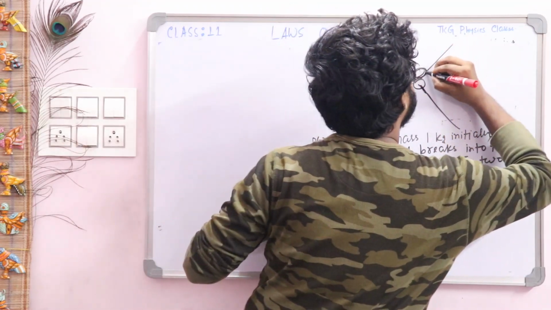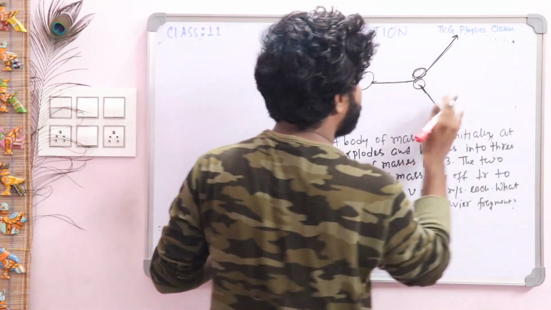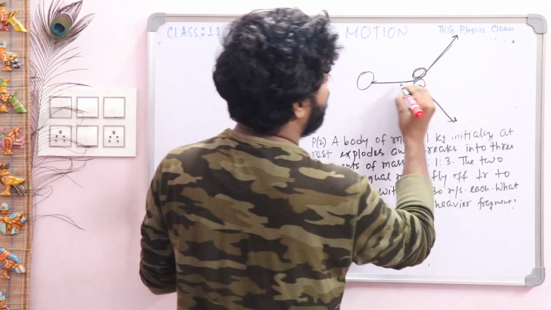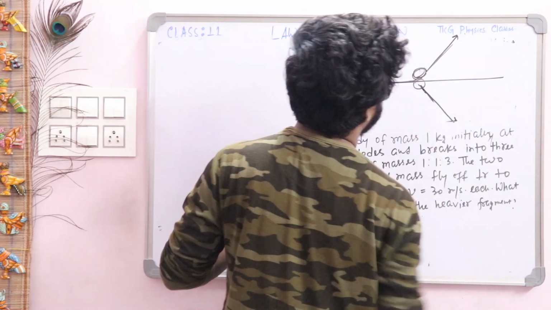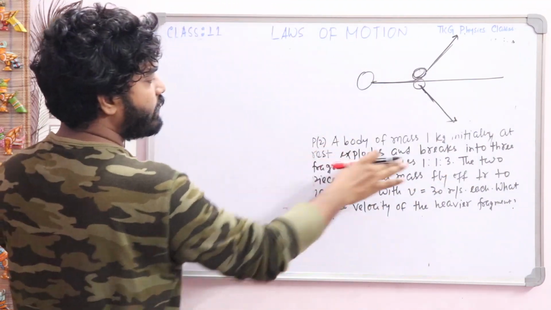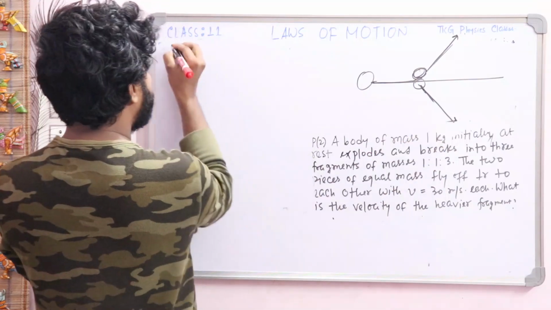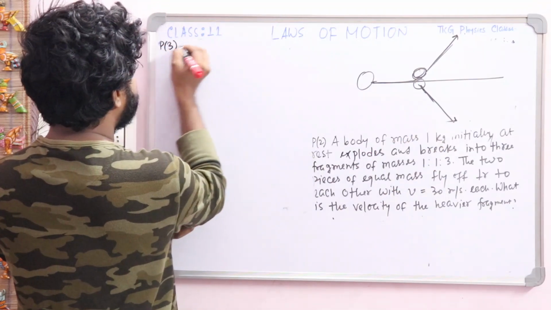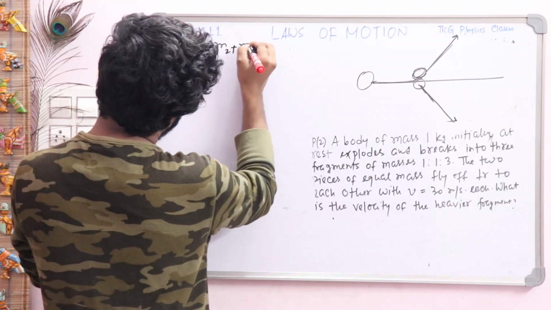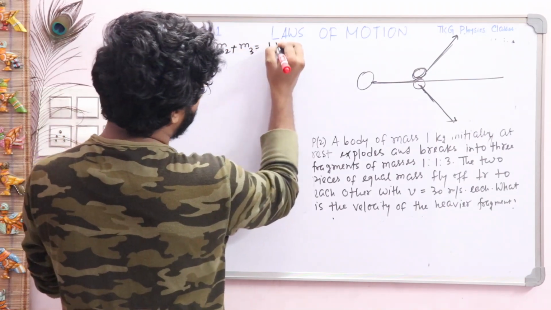This one is the direction for the first body, and for the second body the direction is this one, and this is the horizontal line. At first you write the total mass: 3 segments but total mass 1, so we can write m1 plus m2 plus m3 is equal to 1 kg.